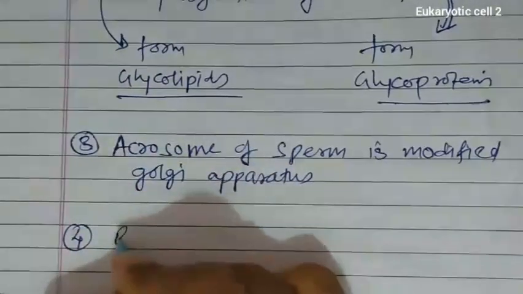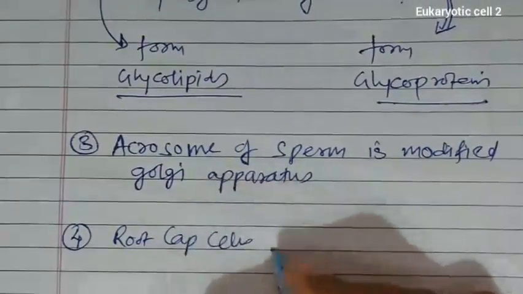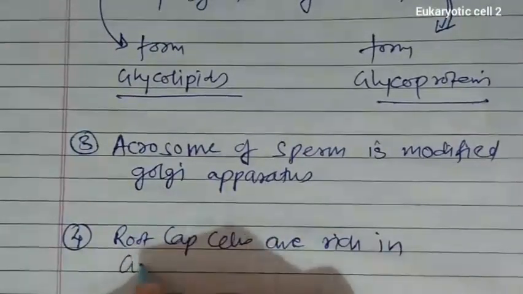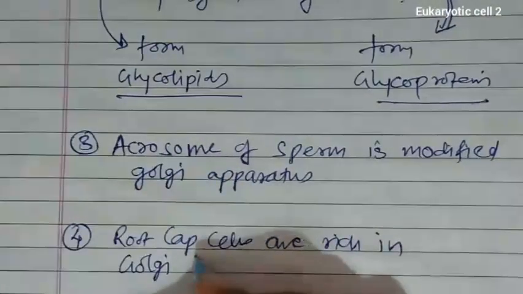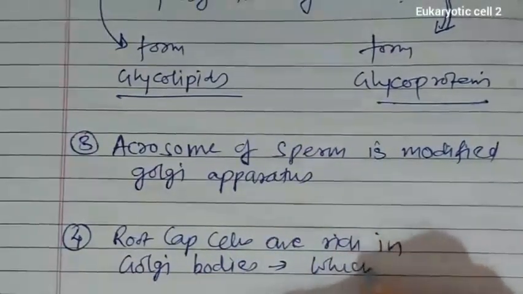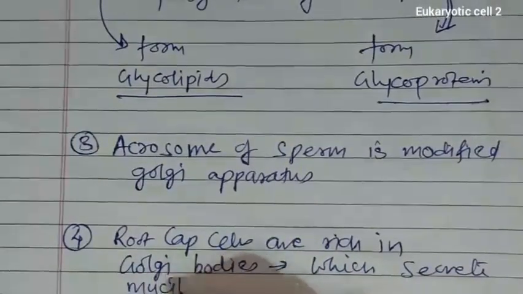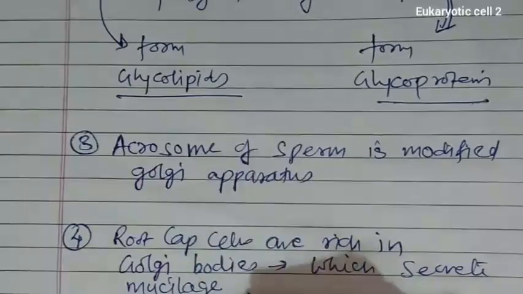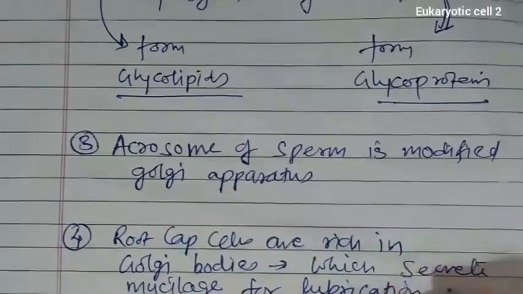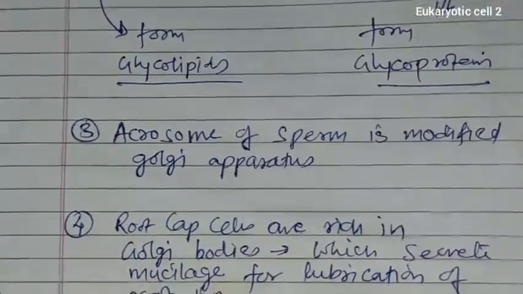Fourth, root cap cells are rich in Golgi bodies which secrete mucilage for lubrication of root tip.